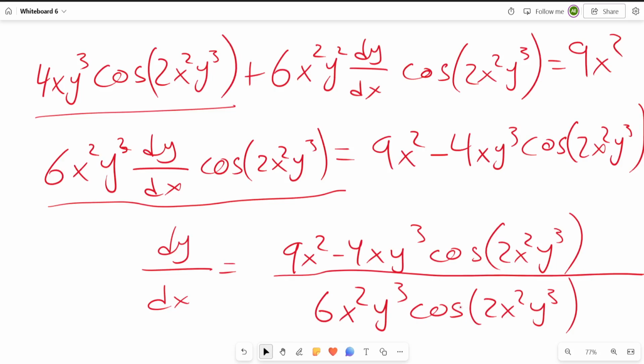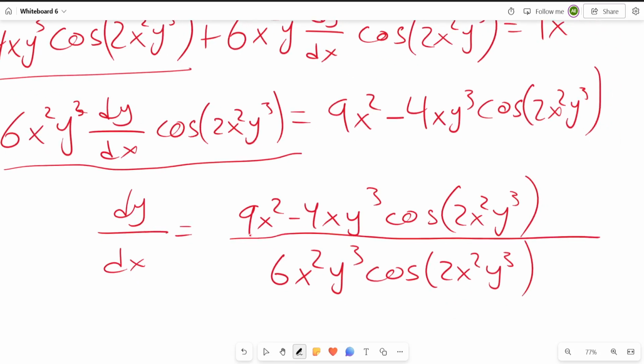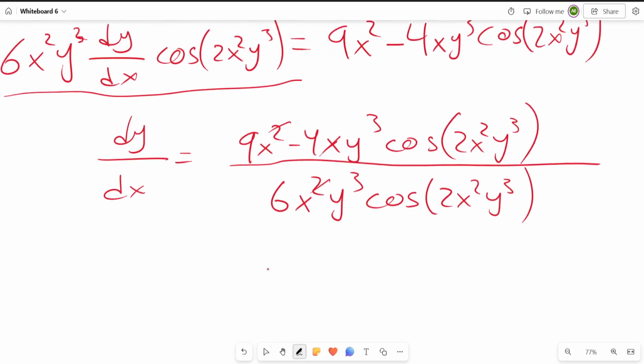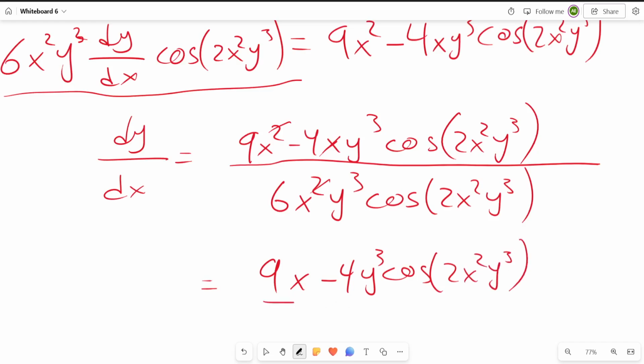Let's see what we can do from here. I can see that every single term has an x, so I can divide x from each term. So at the end I'm going to have 9x minus x here is gone, so it's going to be 4y cubed cosine 2x squared y cubed over 6xy cubed cosine 2x squared y cubed.